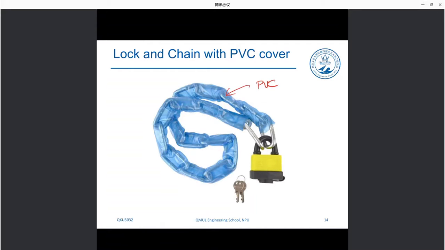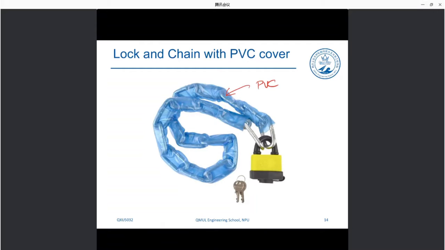Well, yes, absolutely. You got the point. When it was winter and very cold outside, this PVC cover was less flexible because the chains were essentially, as we were saying, the macromolecular chains, right? Not the real chains.